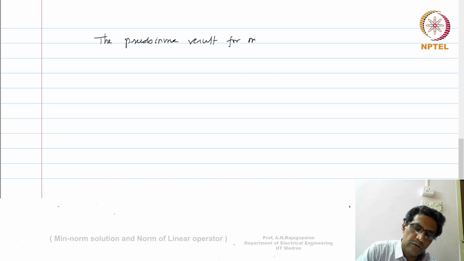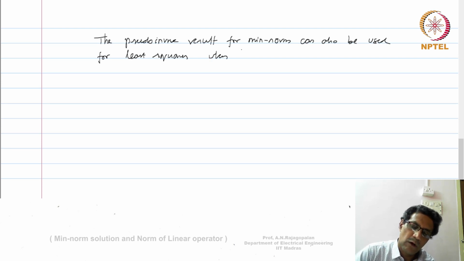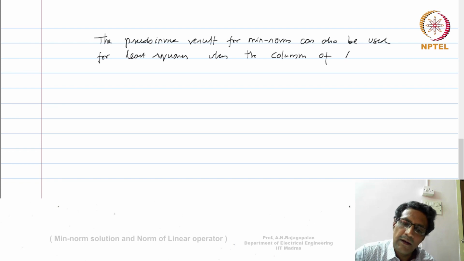It can also be used for least squares when the columns of A are not linearly independent.